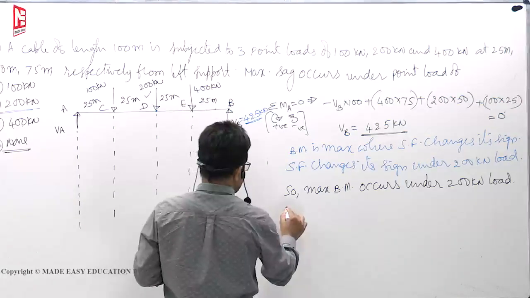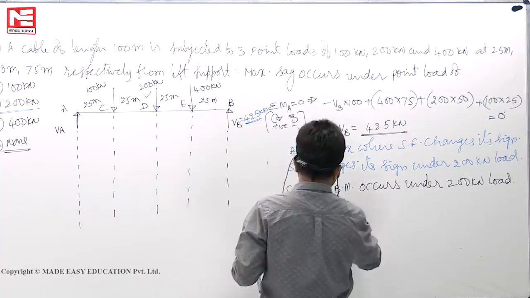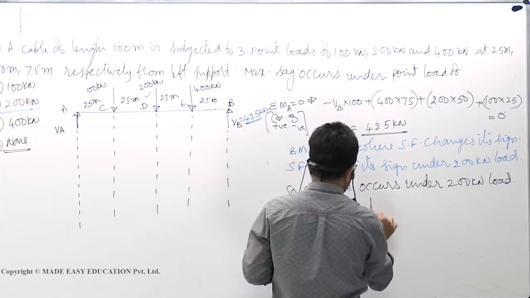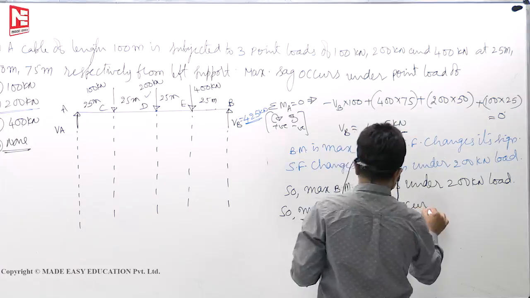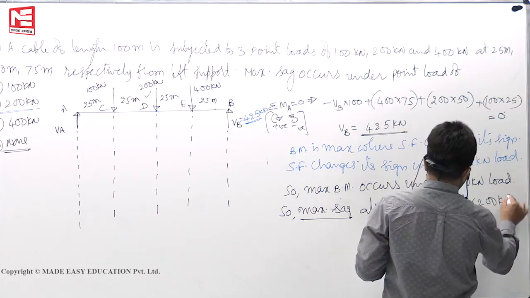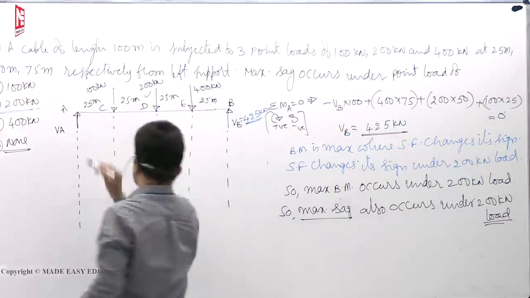So, maximum sag also occurs under 200 kilonewton load. So 200 is that.